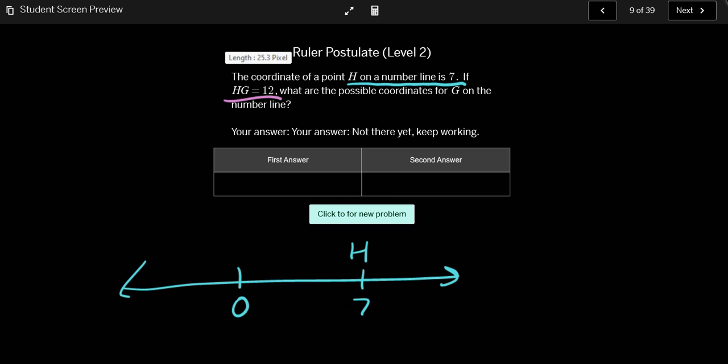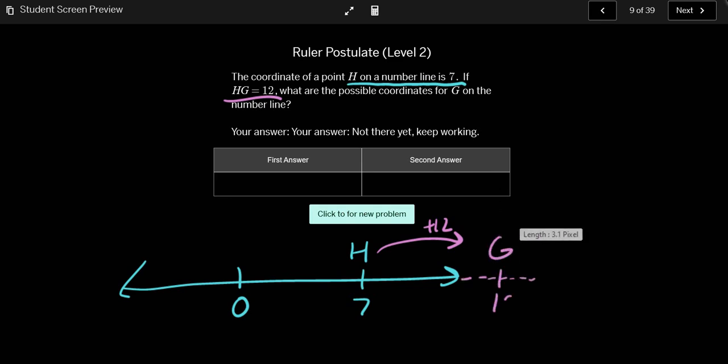That means the distance from H to G is 12 units. Now, it doesn't say what direction that's going. So that means that from H, we could go up 12 units, and that will give us this new position where G is. And so in that case, we just do 7 plus 12. And that means that G, if we extend that out, could be sitting at 19. So my first answer here is 19.